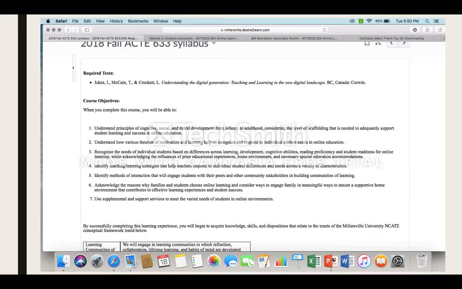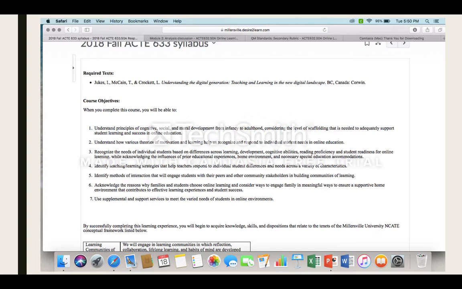So here, this shows you on our syllabus that the required text is here, and that is also going to relate to our course objectives. And then we have the course objectives, and they're written from a student perspective. The first one, understand principles of cognitive and social and moral development from infancy to adulthood. Consider the level of scaffolding that is needed to adequately support student learning and success in online education.